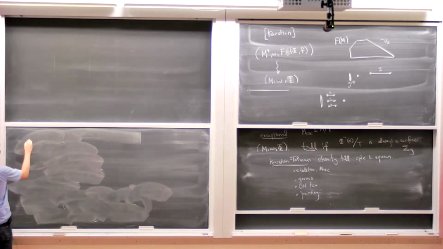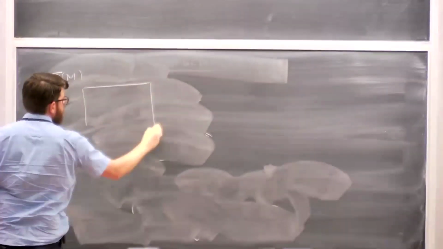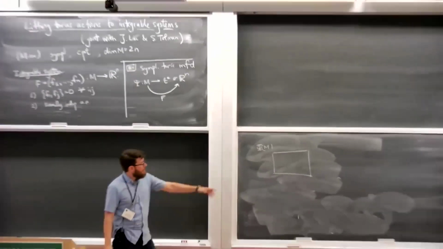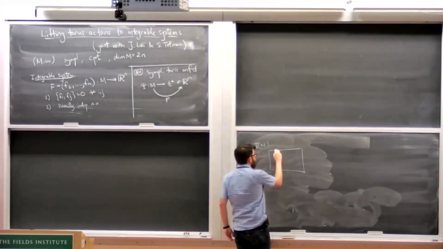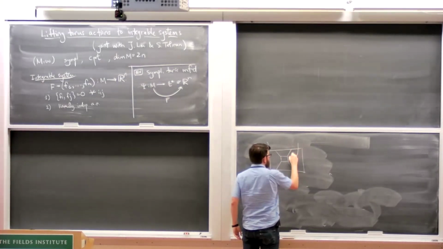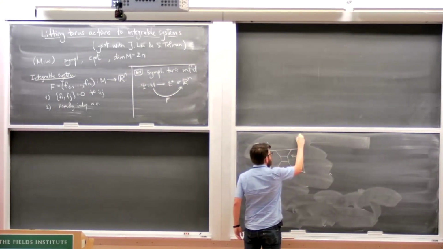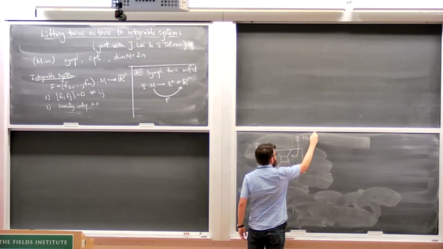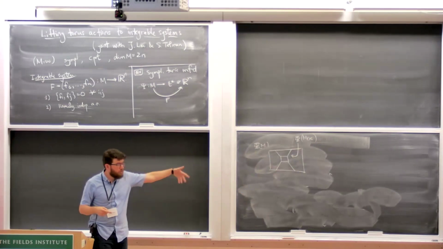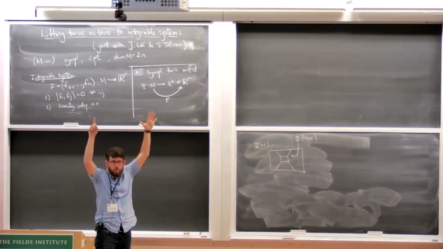So you can look at the moment image of your complexity 1 space. It'll be some polytope, let's say, if I'm in the case where the dimension of M is 6, then it'll be a polygon. You can decorate it by the image of the exceptional orbits. The invariant is actually the exceptional orbits themselves, but if you want to draw a picture, you can take the exceptional orbits and take their image.